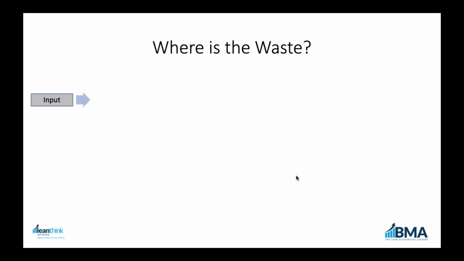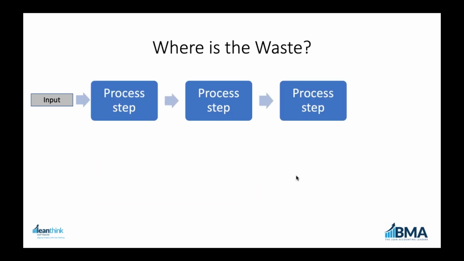And the waste can be in the process. It can be the process step itself. What is a process step? It just takes some input and converts that input into some output. And it goes through a series of process steps. And for accounting, this is all information. Accounting processes information. They get raw information and there's some work done to it, it's transformed and you get financial reports, sometimes financial transactions, things like that.